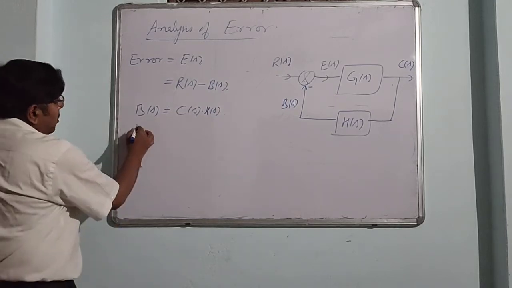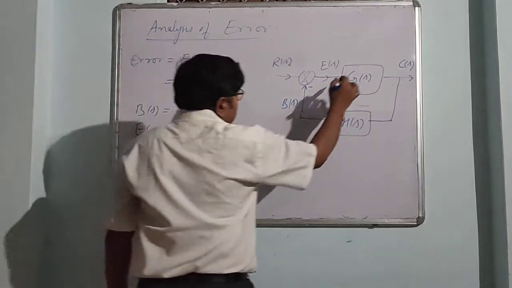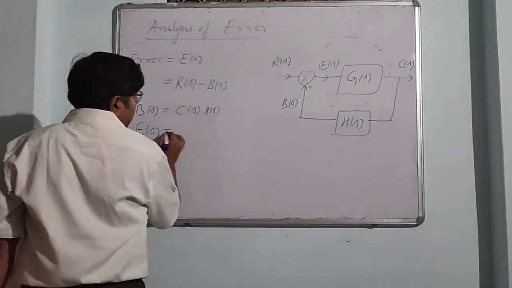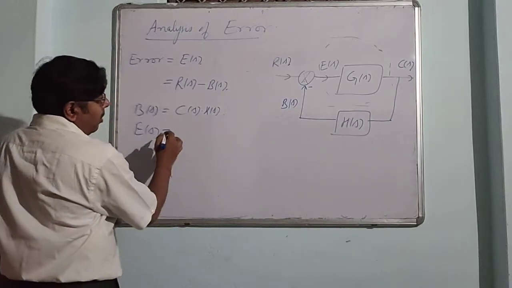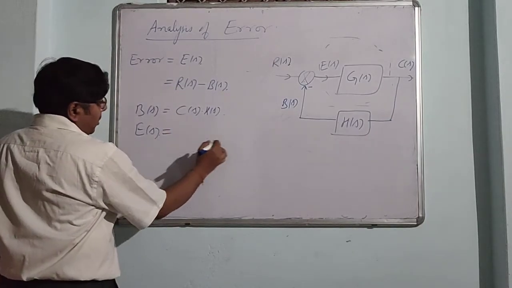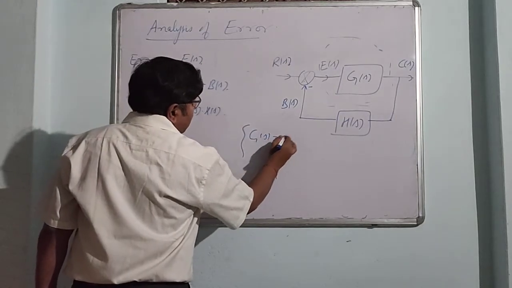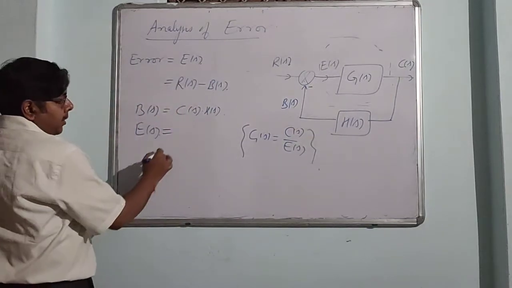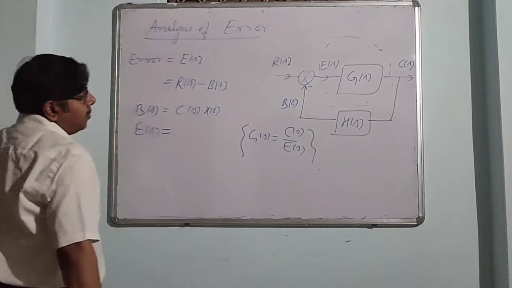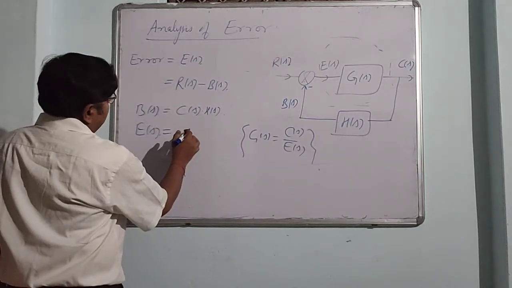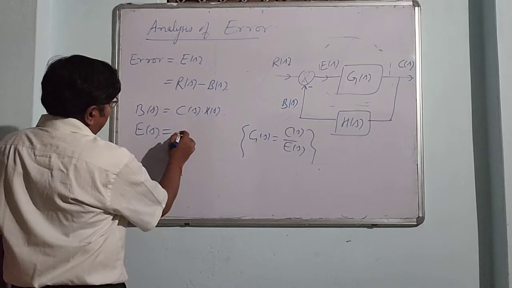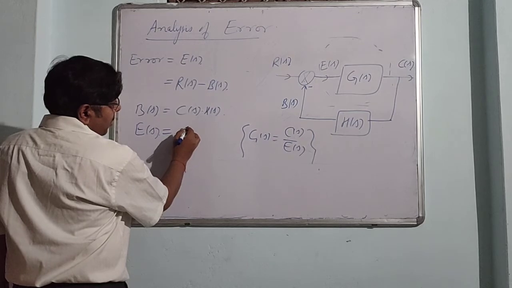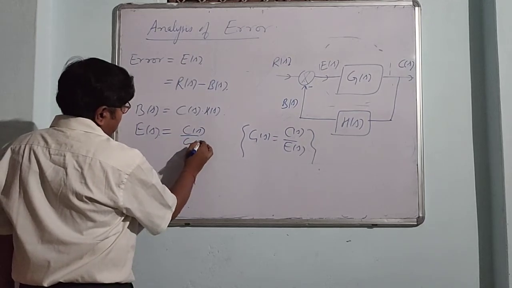and also from this part you can see that the error is simply, since G(s) is C(s) upon E(s), therefore you can also write the error is C(s) upon G(s).